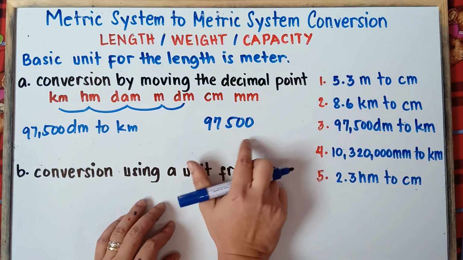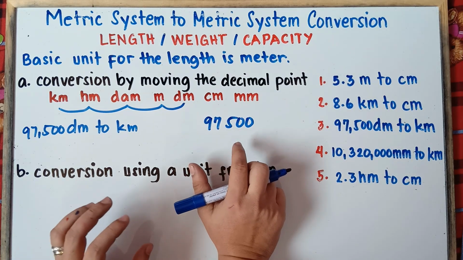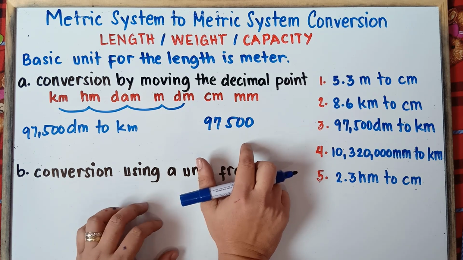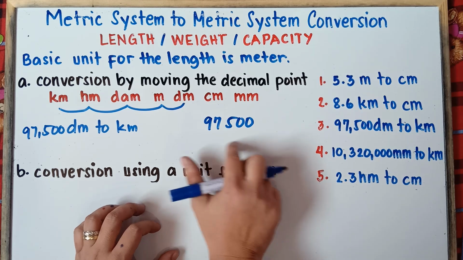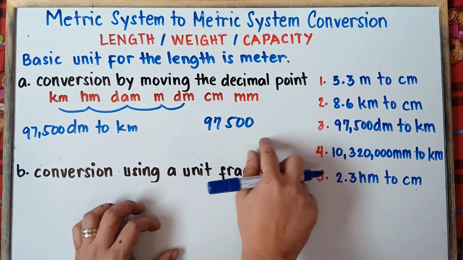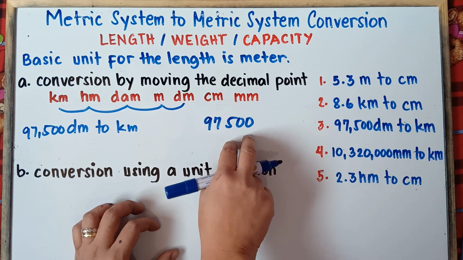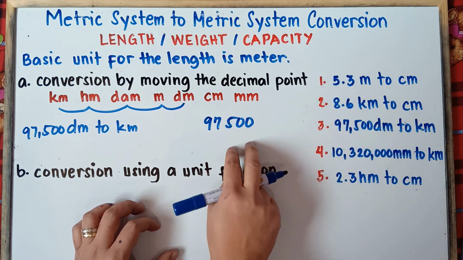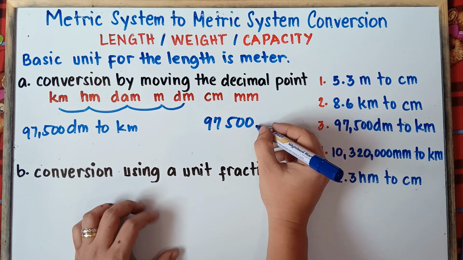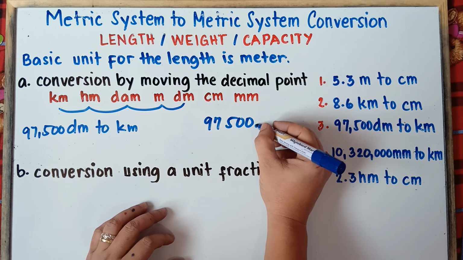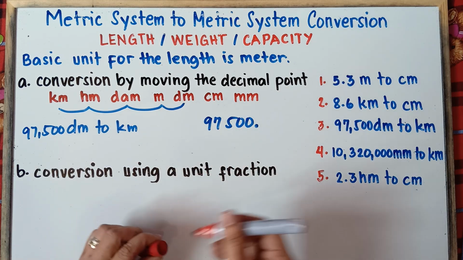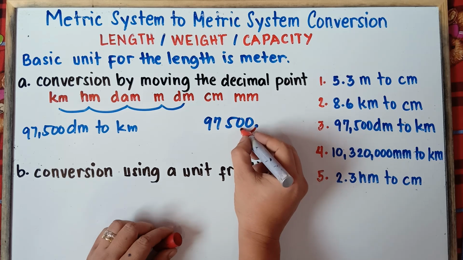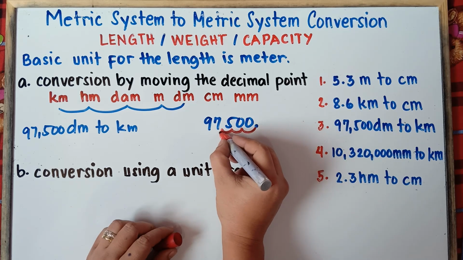Now, for any whole number, class, if you don't see any decimal, understand that the decimal point is always after the whole number. So the decimal point is here. And we need to move 4 units going to the left. So 1, 2, 3, and then 4.